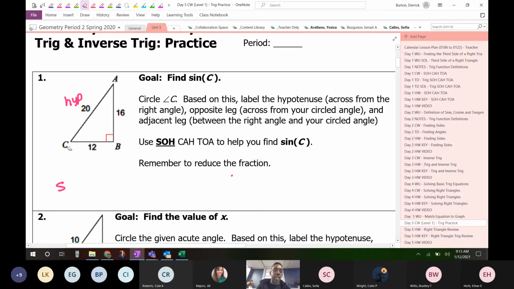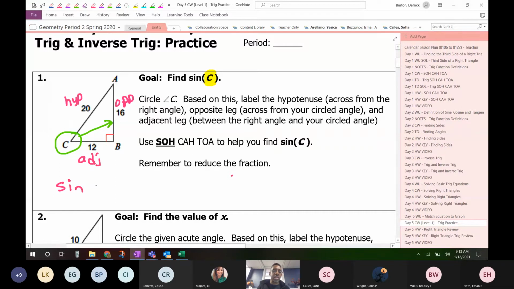We need to circle an angle to label the other two. They're saying we need to find the sine of C, so that tells us that we need to circle angle C. Draw that arrow. So that means that this is opposite and this is adjacent.